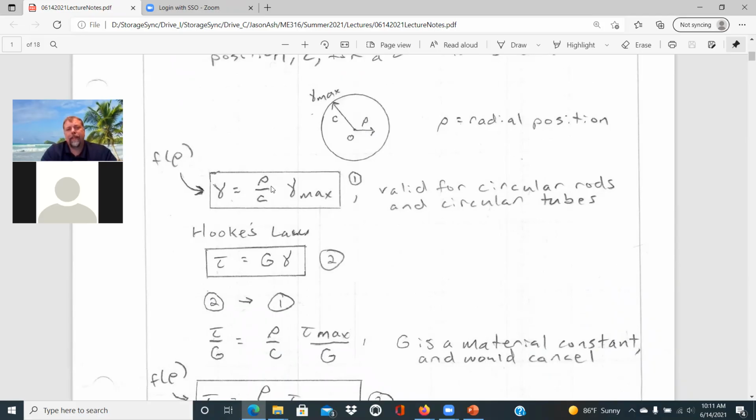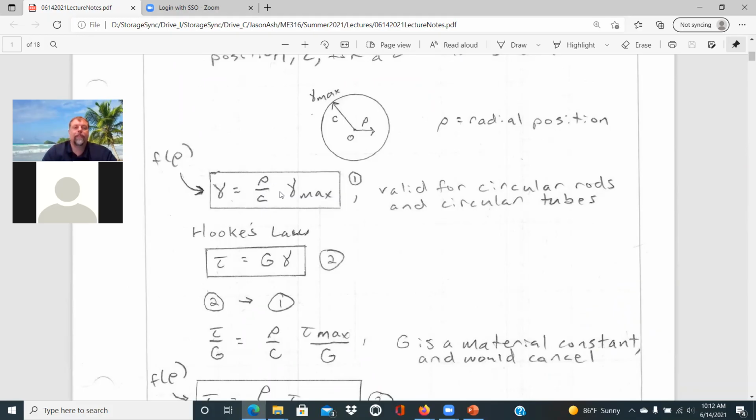If it's linearly varying, it's just going to be that radial position over C, that maximum radial position, times gamma max. And that'll make sense: if rho is equal to 0, your shear strain will be 0 at that point. If your radial position is equal to C, that maximum radial position, your shear strain will be equal to your maximum shear strain.